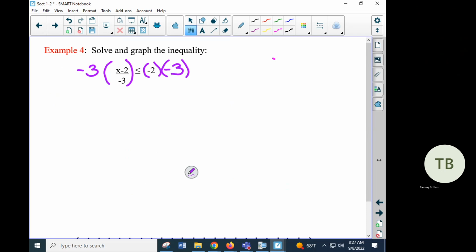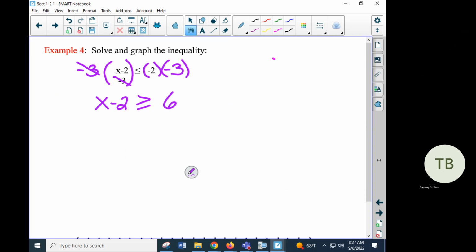I'm not just distributing a negative on one side, I'm multiplying by a negative on both sides. That's when you have to switch your sign. So when I'm doing this, I do have to switch my sign. Here, my -3's cancel, and I have x minus 2. And then over here, this would be a +6.